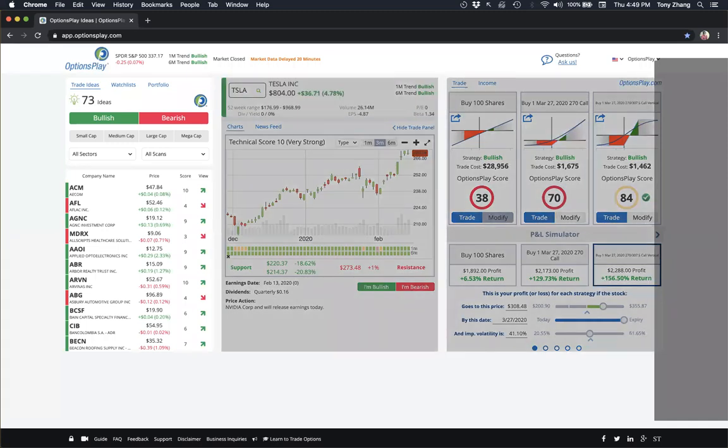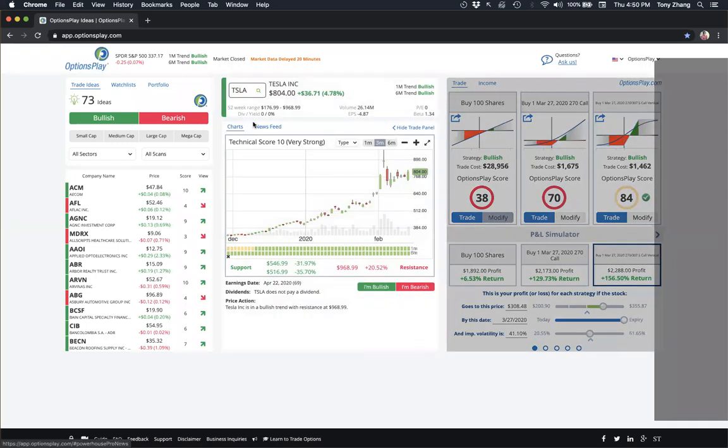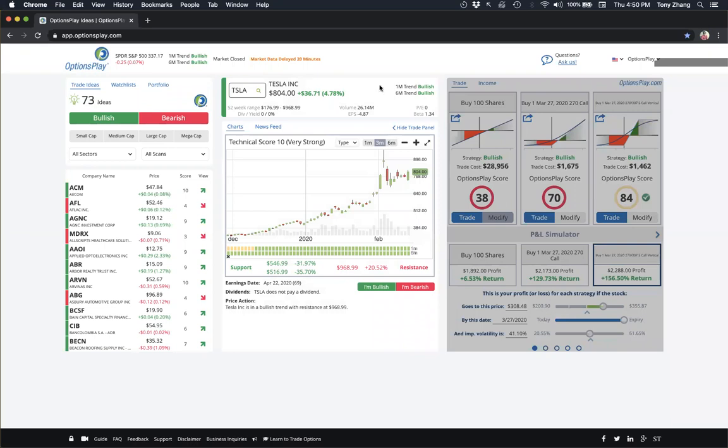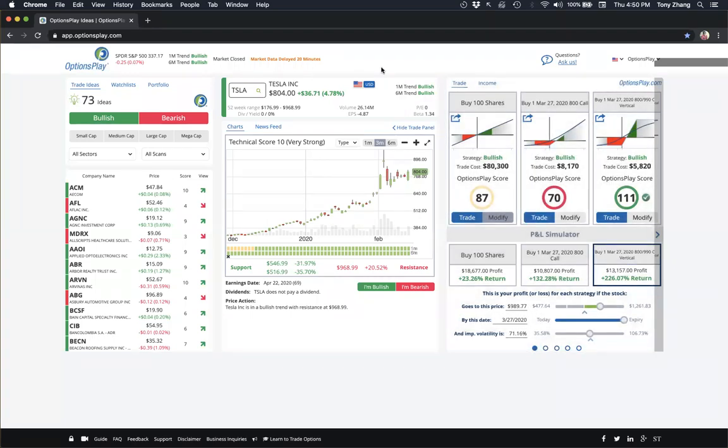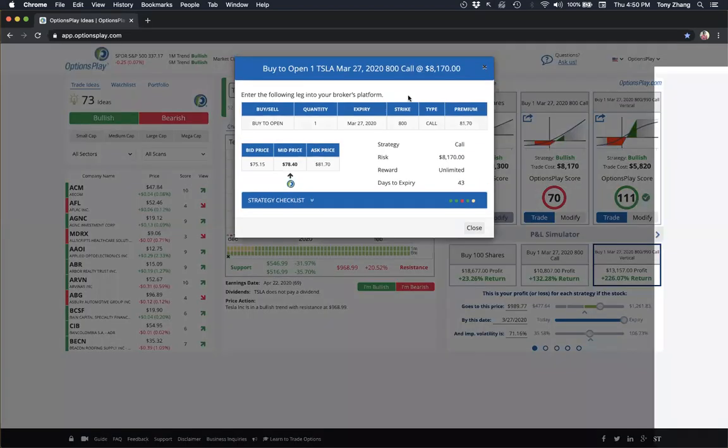Now, this is an interesting one. I'm actually going to be on Options Action or Fast Money in about an hour to talk about Tesla. We saw some pretty large put spreads traded in Tesla today. Let's say you wanted to buy a March $800 call. This is trading at $75.15 by $81.70.